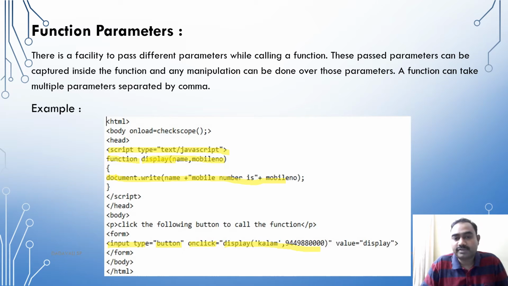The first parameter is assigned to the name variable, and the phone number is assigned to the mobile number. Within the function, it will execute document.write to display the values, name and mobile number. In the next slides I will show the practical.